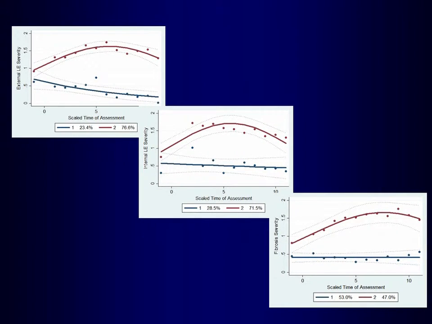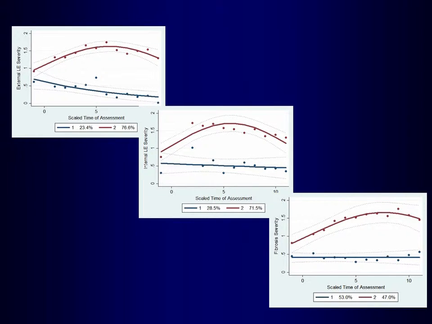Now, what we then did was we wanted to look at the trajectory across time. And we broke the lymphedema and fibrosis down into those who had none or mild at any given time point versus those that had moderate to severe. So we wanted to see just how does this progress. And what we have here are 3 different slides.